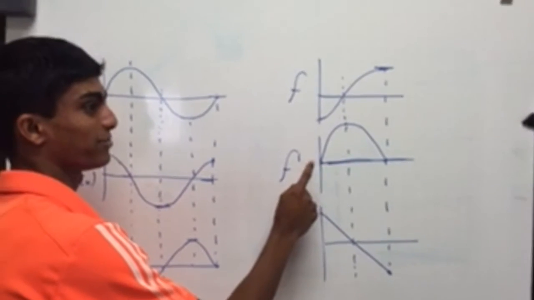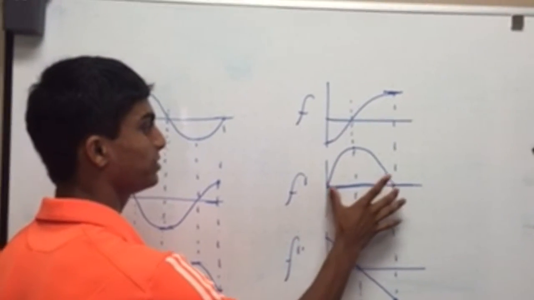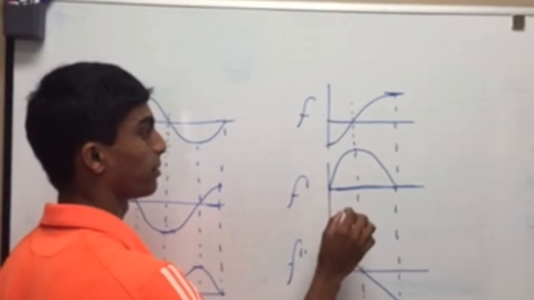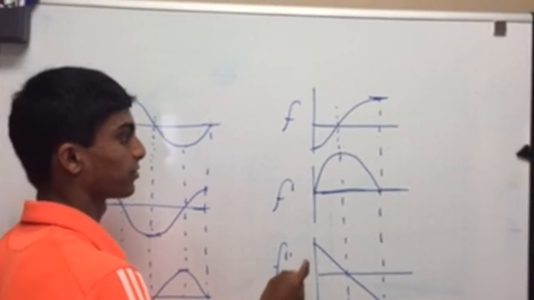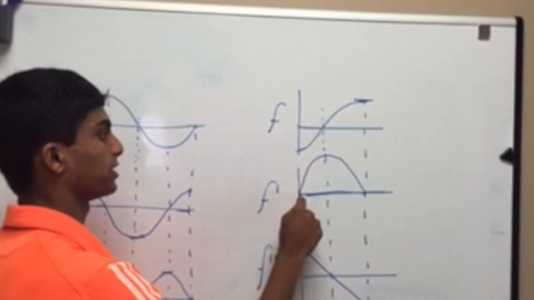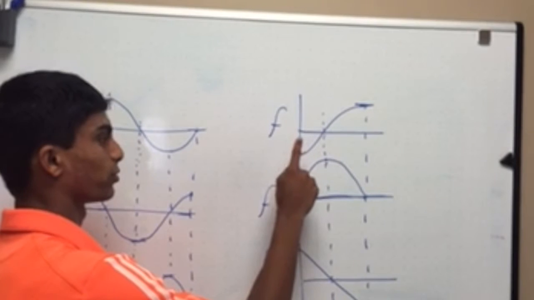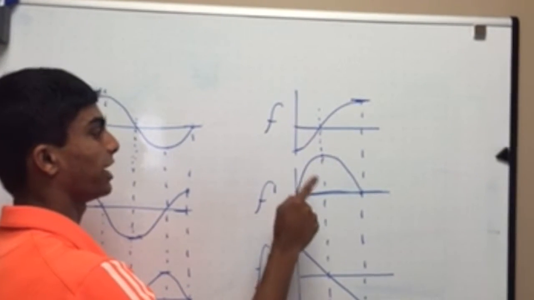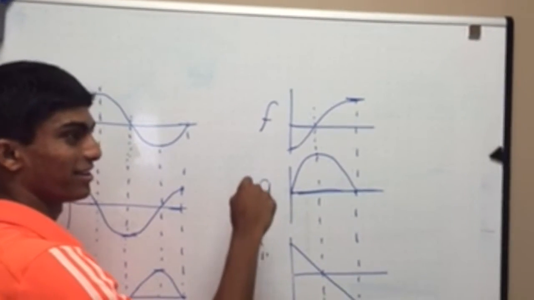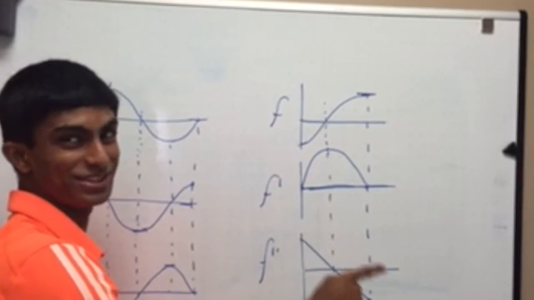In the graph of f prime, these 2 points here represent critical points. Critical points are points at which the graph of f has a slope of 0.